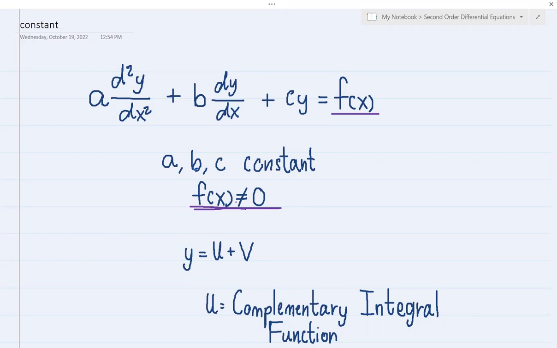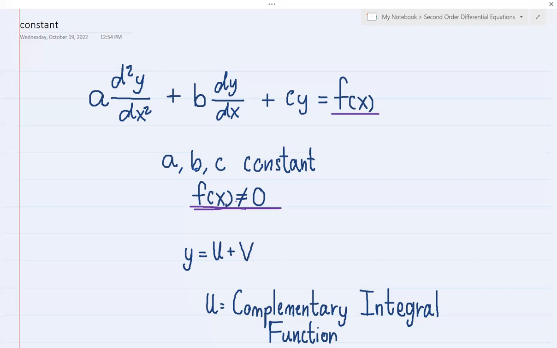Okay? So before you proceed to this video, I recommend you to watch the video that I just made, which is second order differential equation. Wait, no. Second order homogeneous differential equation. Why?